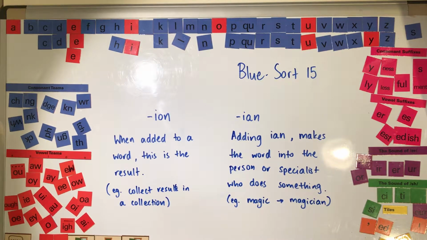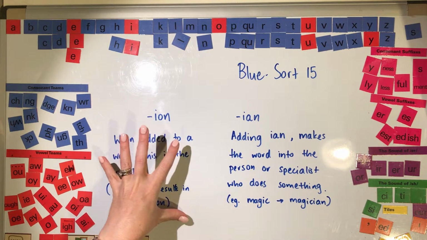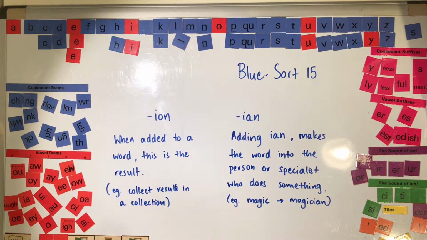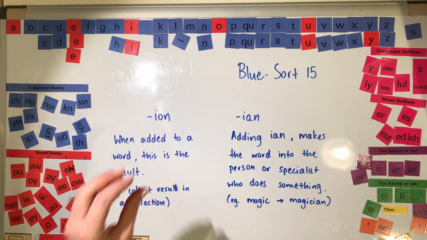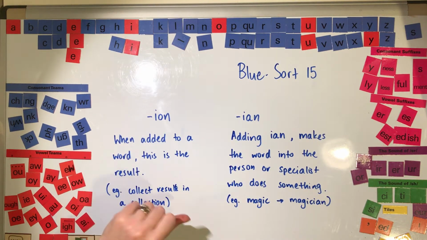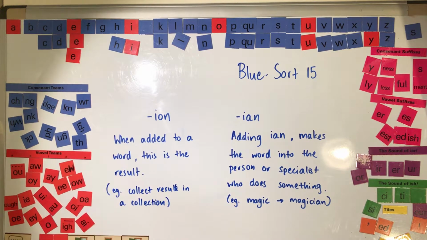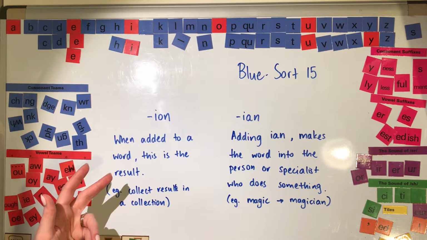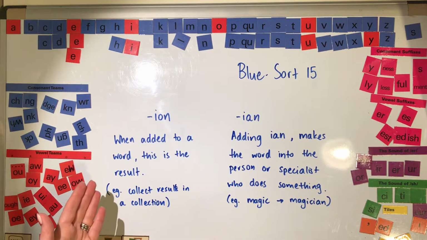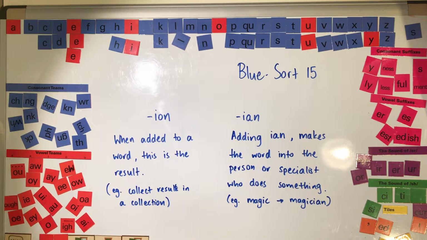So we are going to be looking at words that have I-O-N and I-A-N. I-O-N adding to words results in the product of doing the action. So if you collect, you end up with a collection. If you express, you end up with an expression. I-A-N, you end up with like a magician or a musician or an electrician.